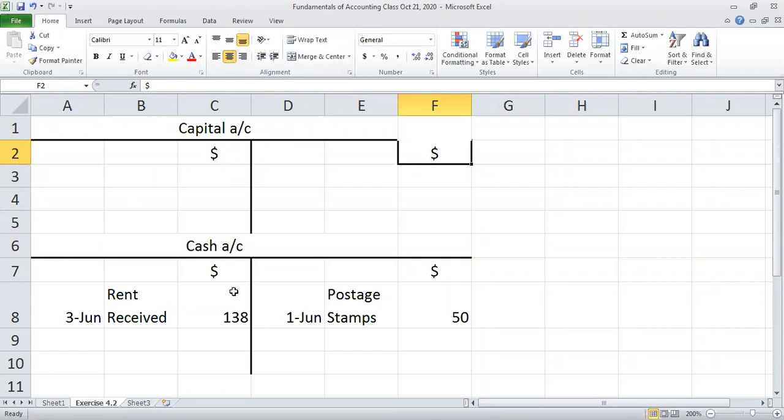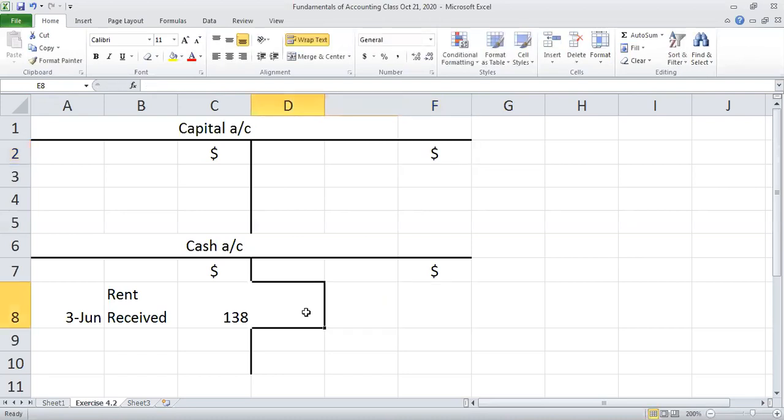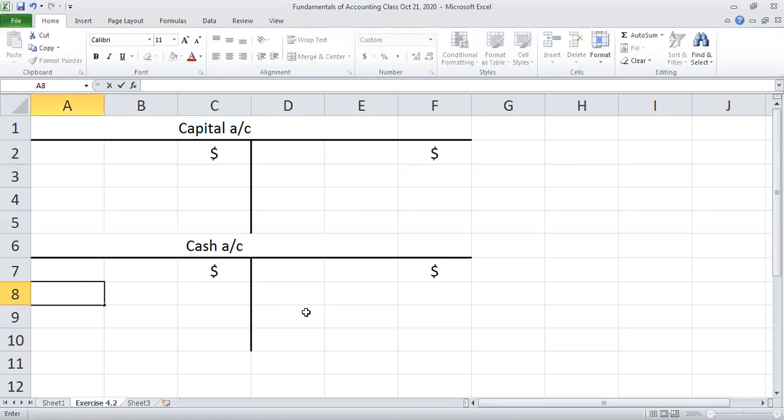I also have a cash account. Now, when you're making your entries, remember that the first thing you do is to make an entry for the capital, to increase capital.